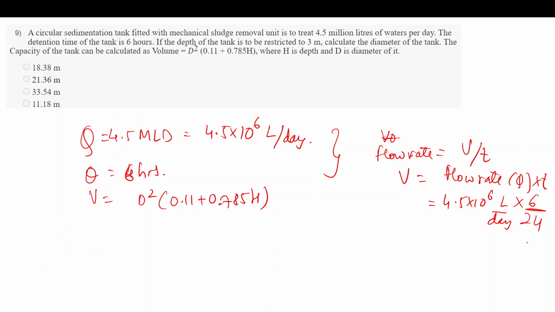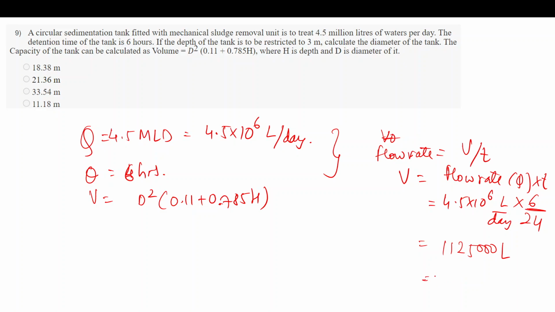So now if you solve this, the volume of tank in liters is 4.5 into 10 to the power 6 into 6 divided by 24, which is 1,125,000 liters.